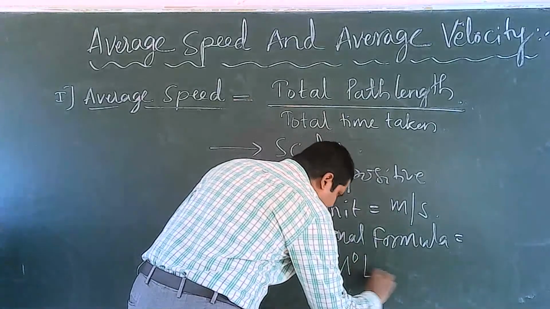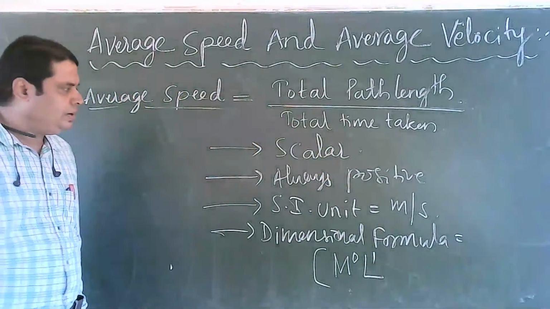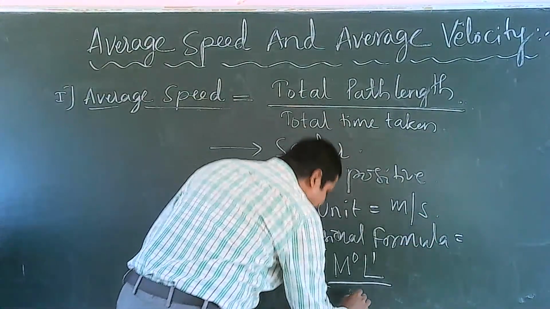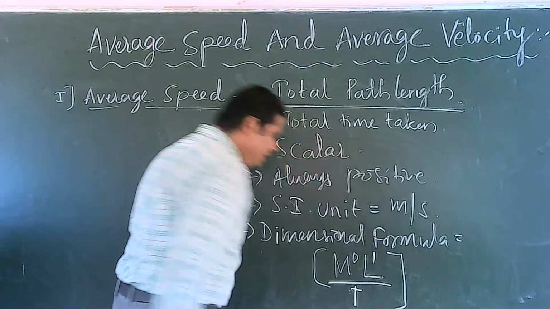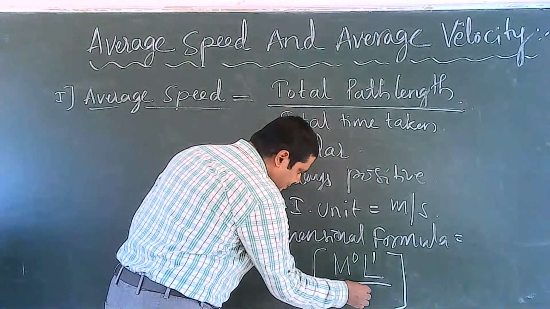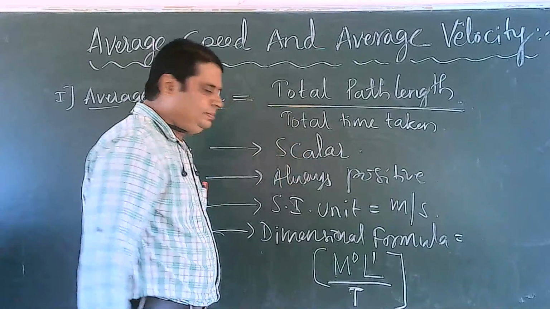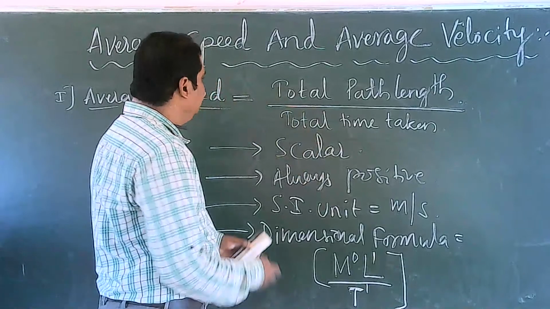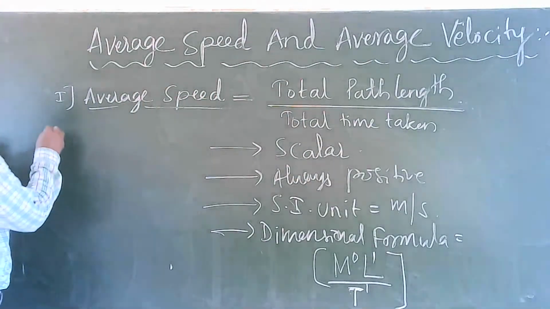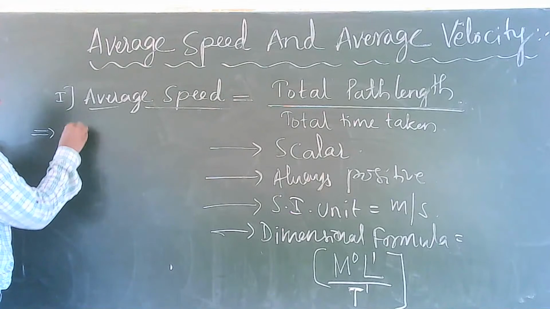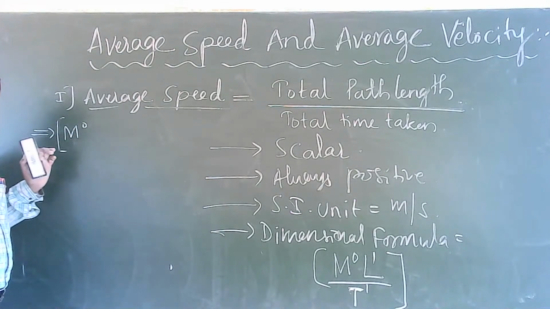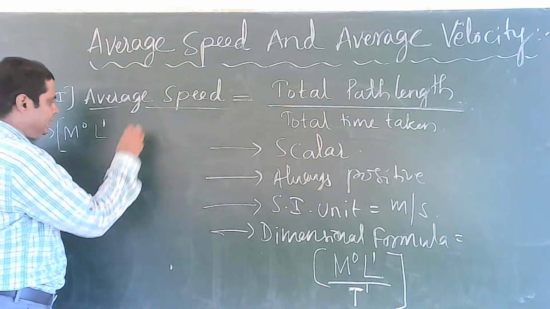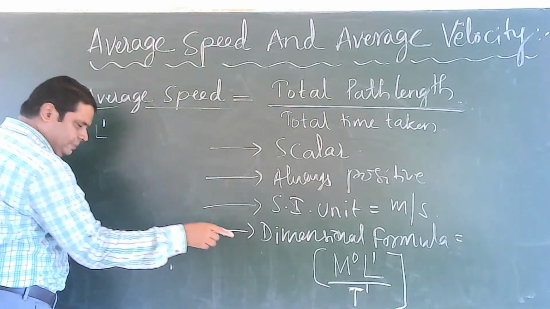Meter is L raised to 1, divided by S, which means time, this is T. So I will write 0 in mass, L raised to 1, and T is in the denominator actually.